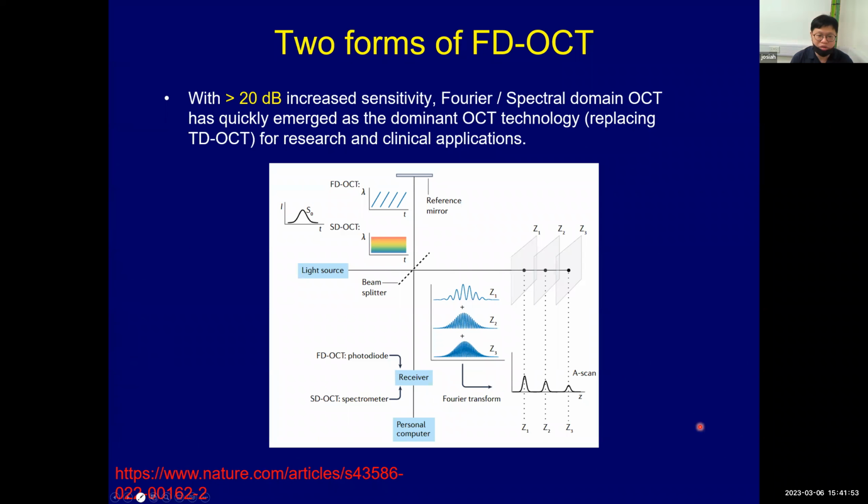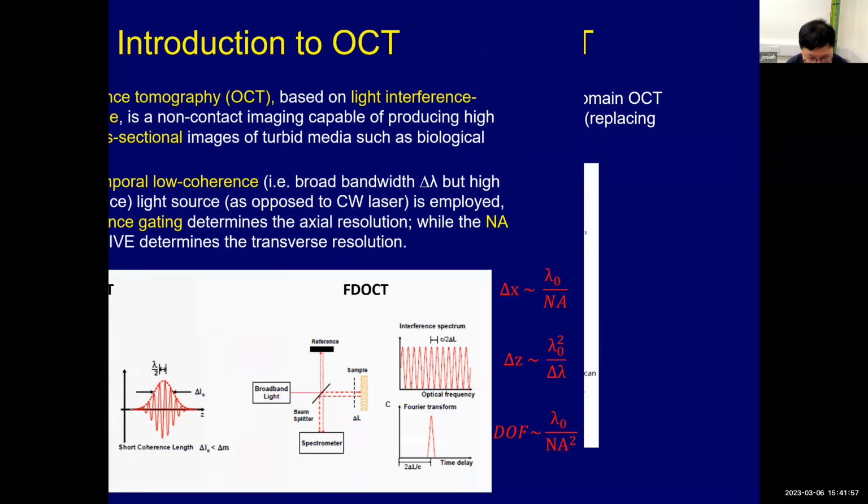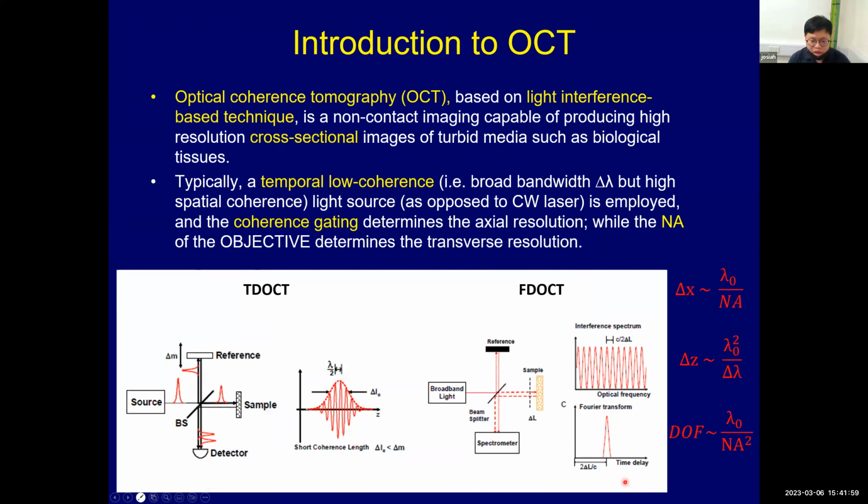There are two main forms of so-called Fourier domain OCT. I probably didn't explain this, but Fourier domain OCT is quite different from time domain in the sense that you still use broad bandwidth, but you use a spectrometer to capture the interference signal. For time domain, you actually move the sample because you want to find the location where you get the interference signal.